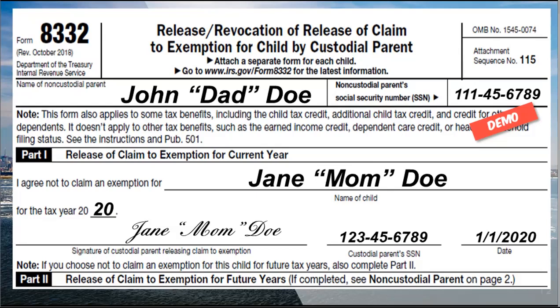So we complete the name, then you put the tax year in which this form is being completed, and the custodial mom signs the document, her social security number goes on there, as well as the date in which the form was signed and created. This is where the custodial parent agrees not to claim the exemption, which is part 1.